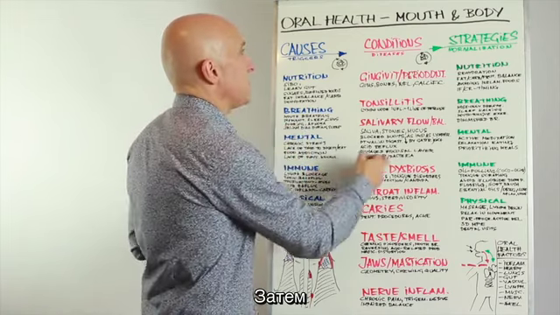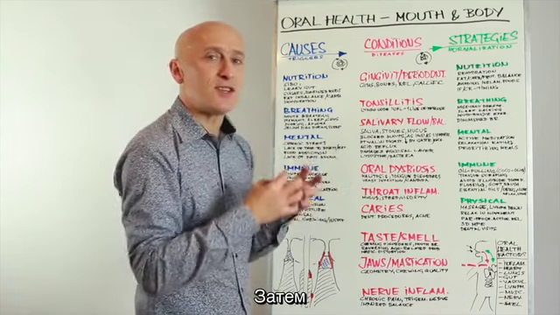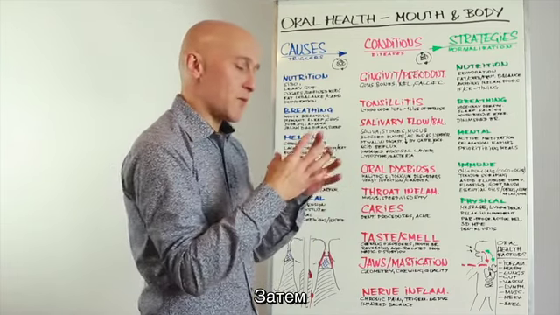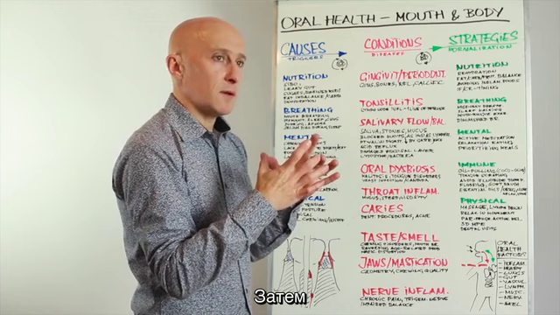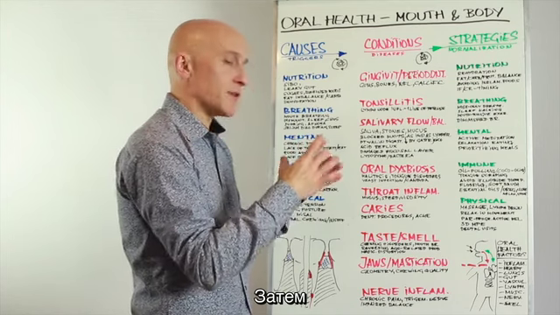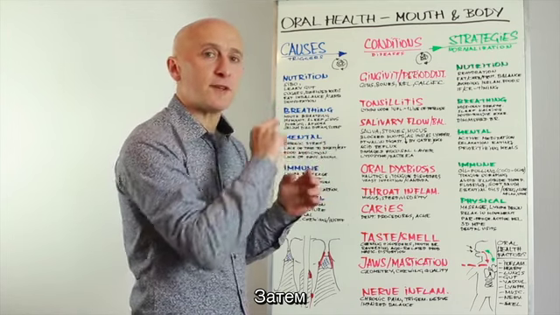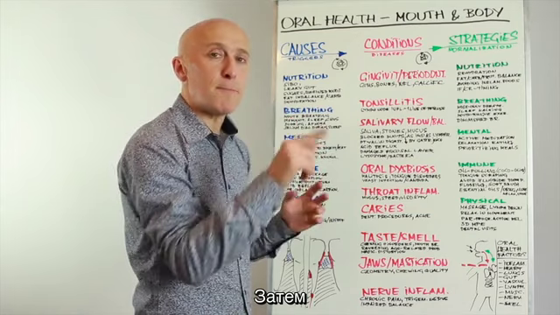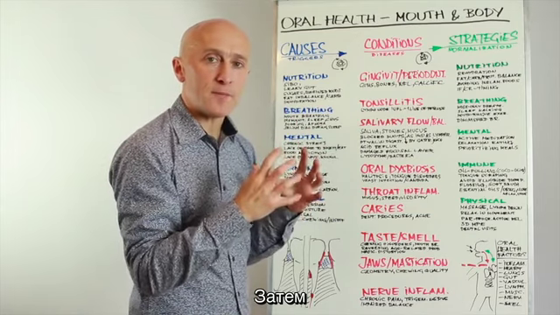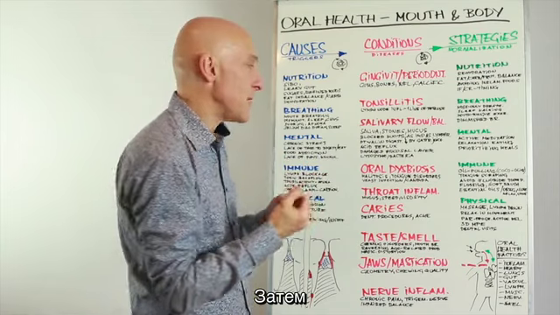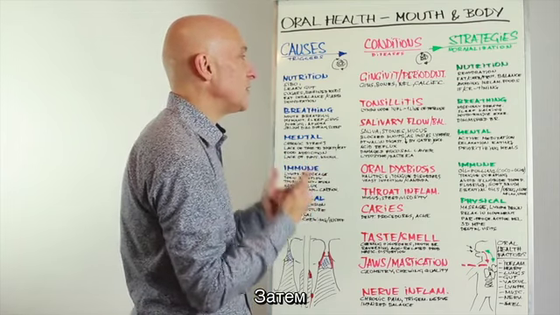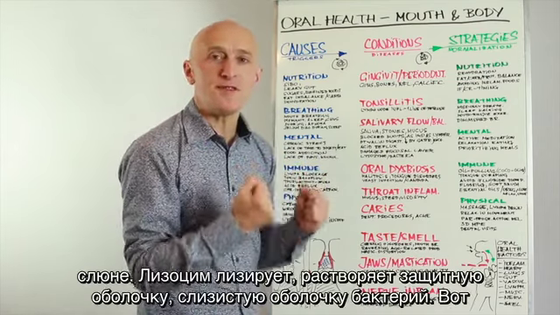Lysozyme lyses, it dissolves the protective lining, the membrane lining of bacteria. So that's how it kills bacteria. That's the first line of immune defense.